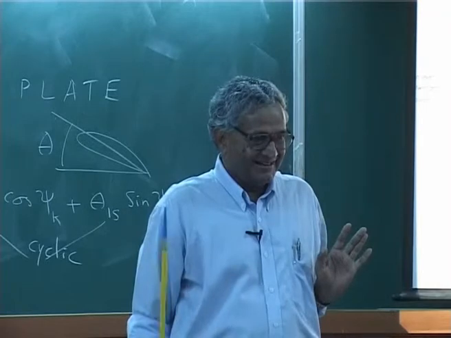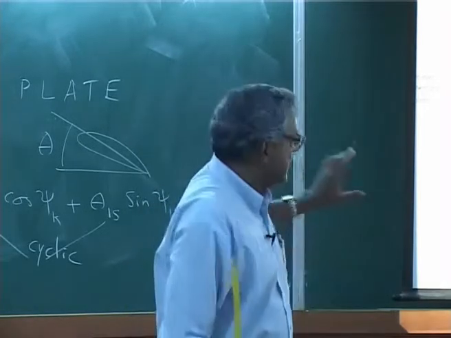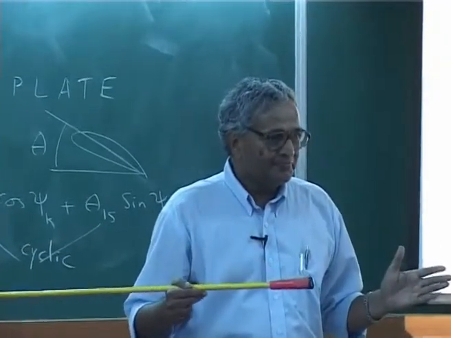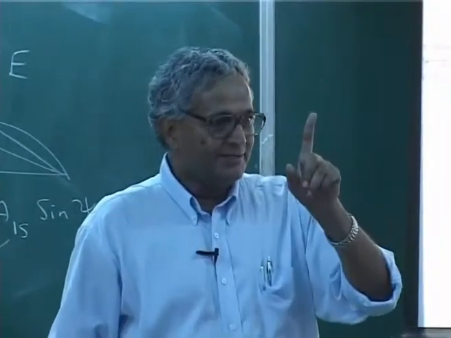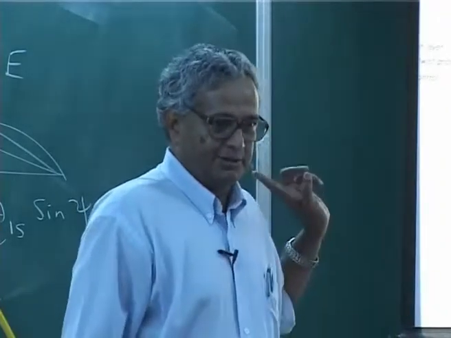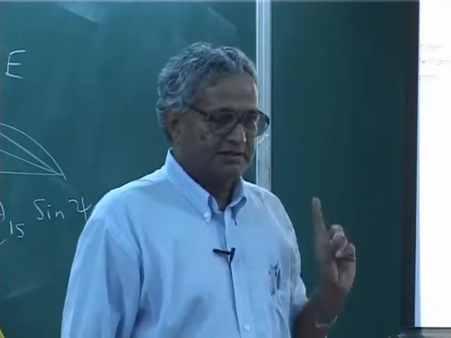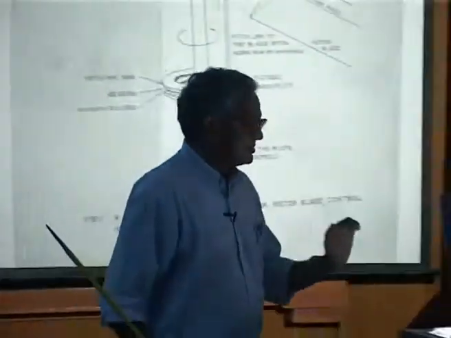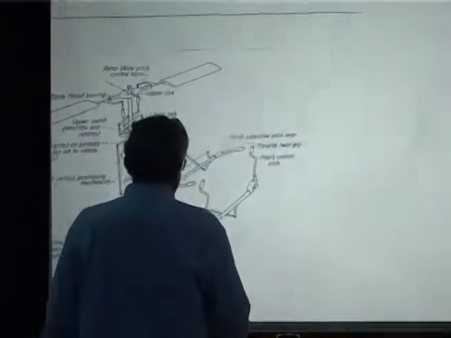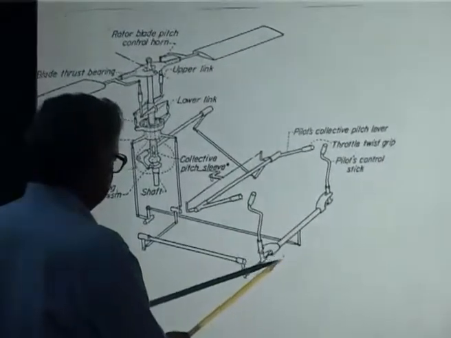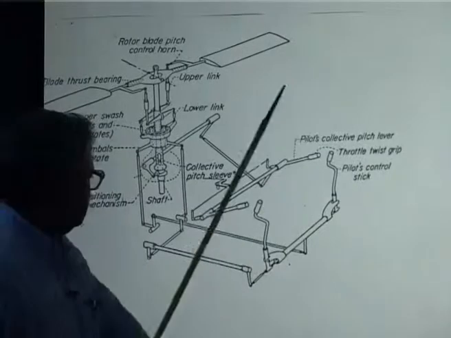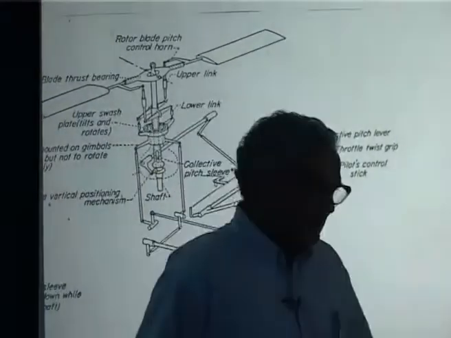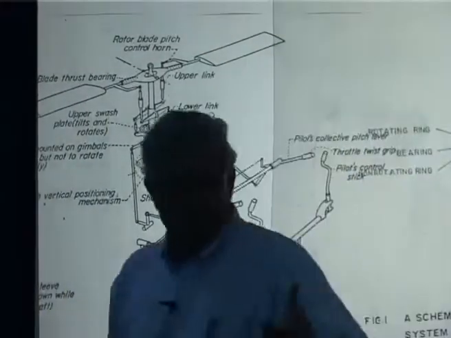That is why mechanically simple is the single main rotor, single tail rotor, because for the tail rotor, the pilot puts the pedal, and that goes to the tail rotor, and the tail rotor has only collective.